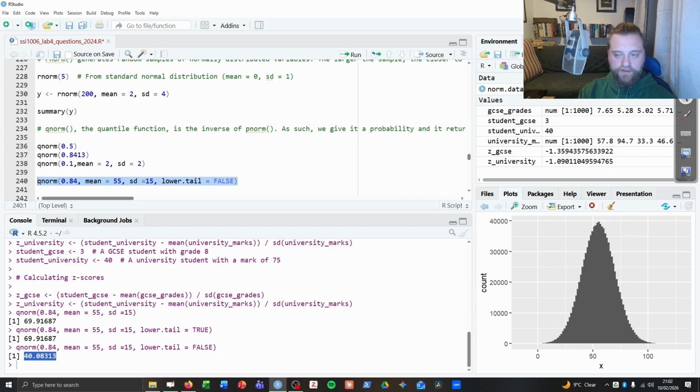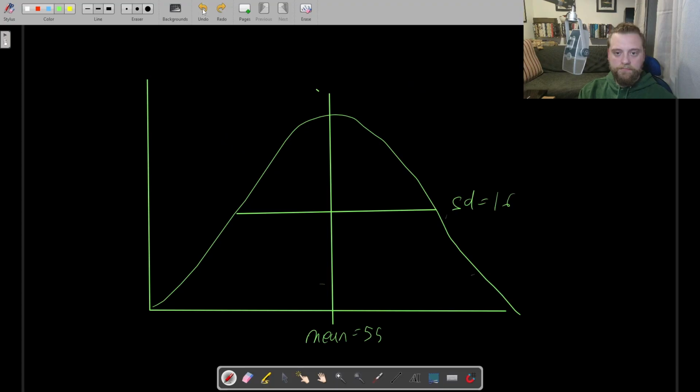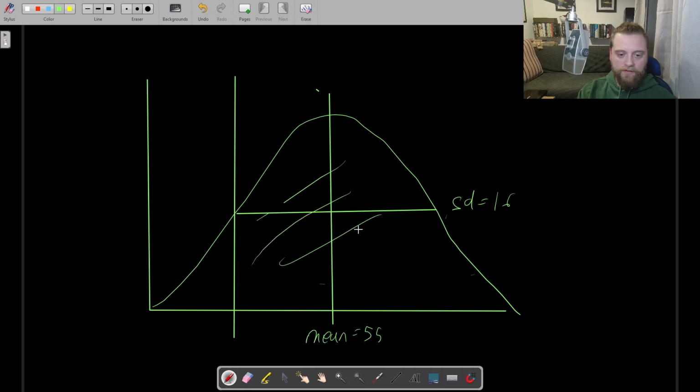Now, what is that inverse value? Well, essentially, all we're doing is saying that we're interested in the 84% on this side, with only this part remaining. So, in other words, this 84%.